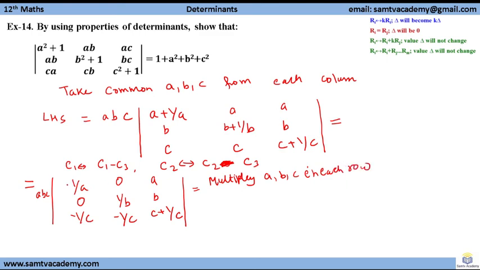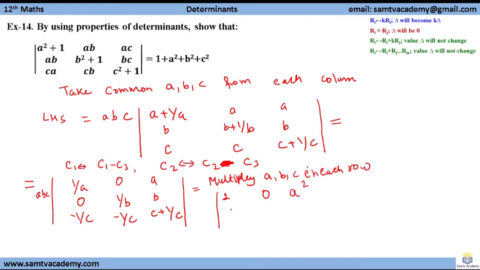So if we multiply a in this, so what we will get: this will become 1, this is 0, and this will become a square.